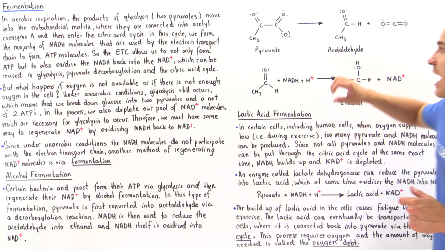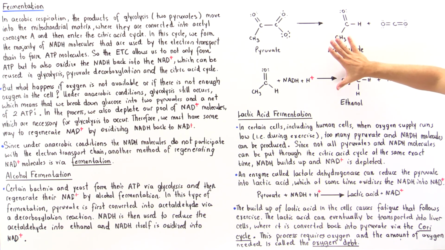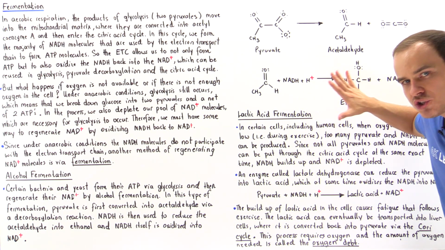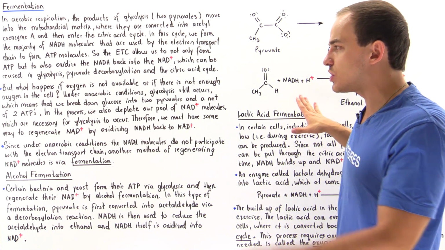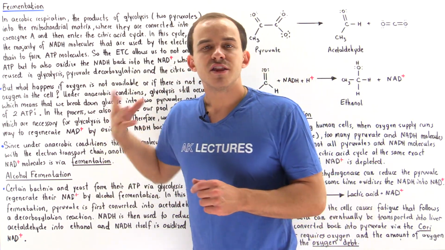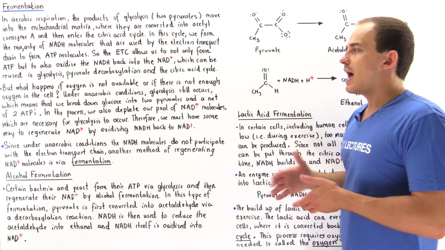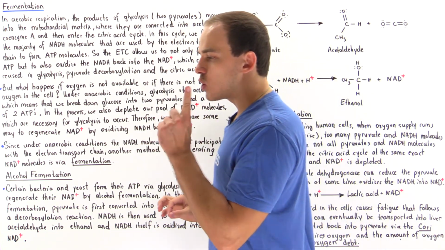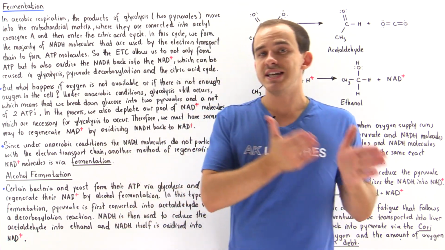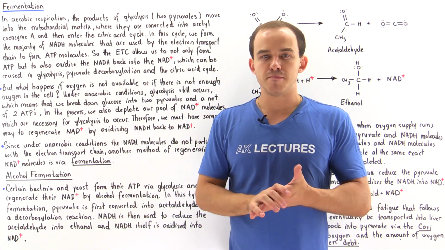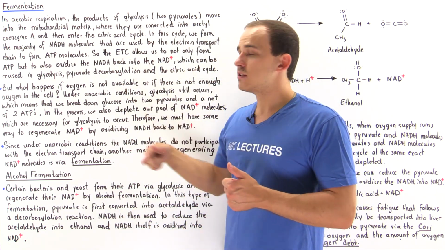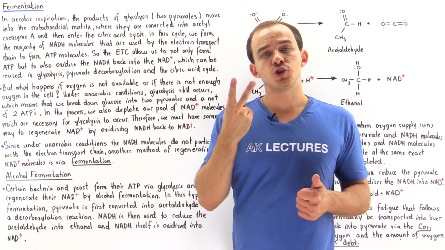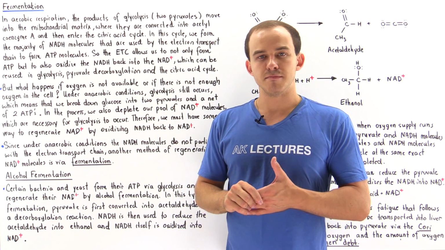So we see that these processes do not actually themselves produce any ATP molecules. It's only glycolysis that produces those ATP molecules. And when we break down one glucose molecule, we always produce a net of 2 ATP molecules. So if this cycle takes place once, we produce a net of 2 ATP molecules.